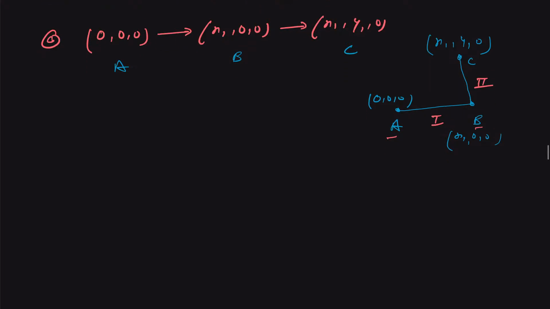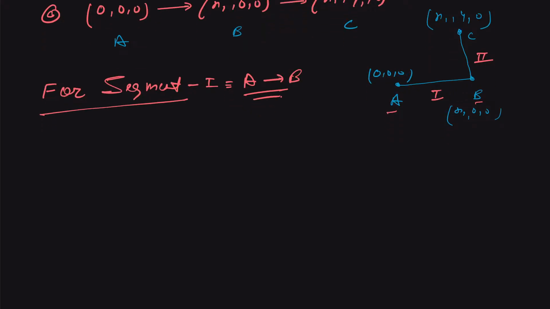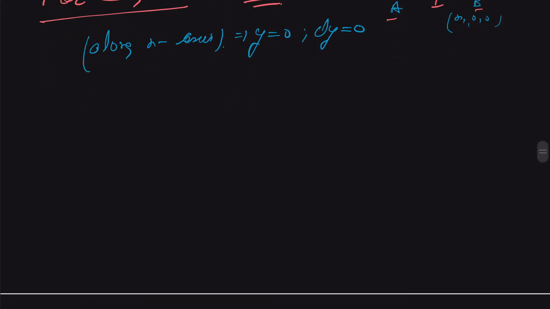So for segment 1, which is from A to B along the x-axis, obviously the value of y is equal to 0, or we can say that dy will be equal to 0.